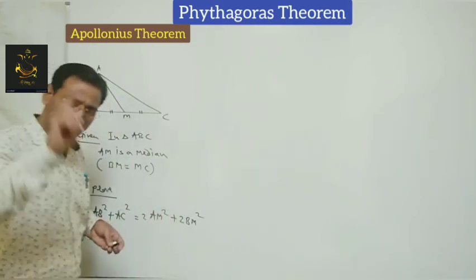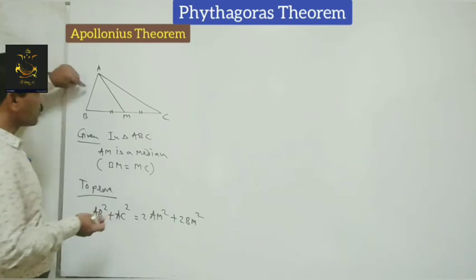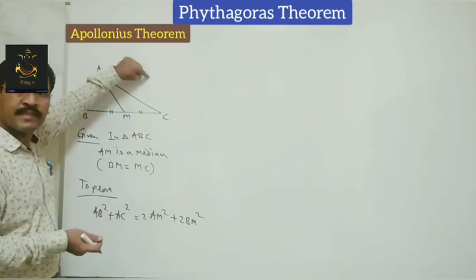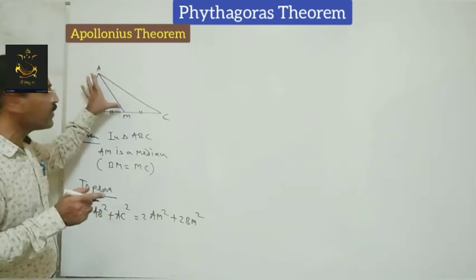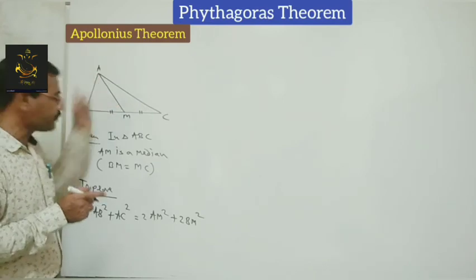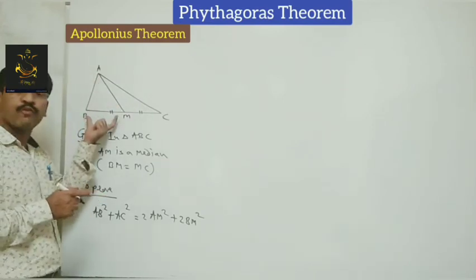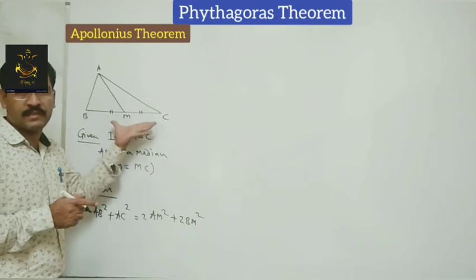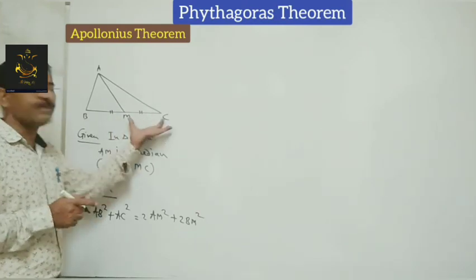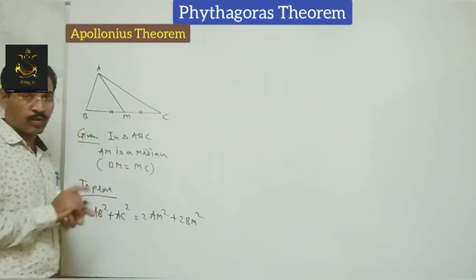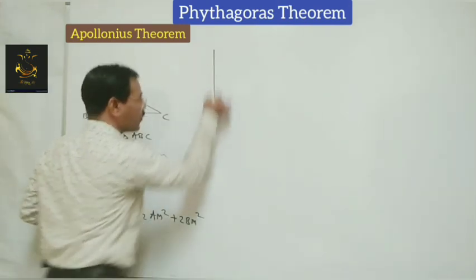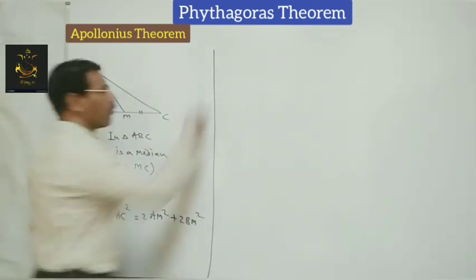Just remember, I will tell you again. Look here: AB square plus AC square is equal to twice the median square, which is AM here, plus twice BM square, which is half of BC, the base here. You can take MC also. Now, how are we going to write this? Proof.